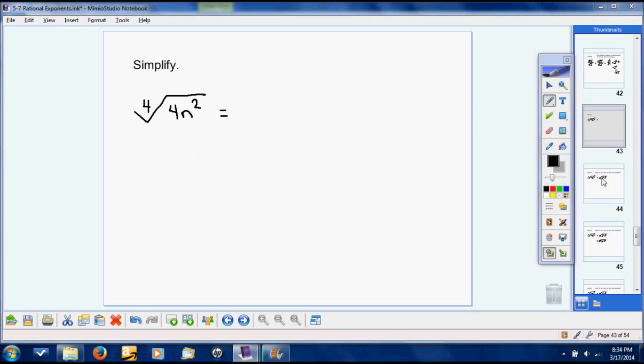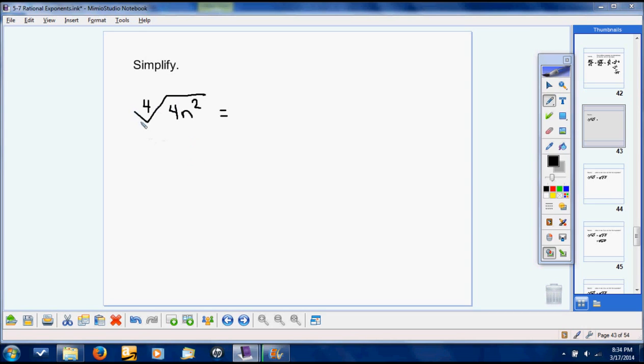If you recall, this, even though it doesn't look like a fractional exponent, really is. It is a fractional exponent because anytime you have a root, it actually gives you a denominator to have as part of your exponent.